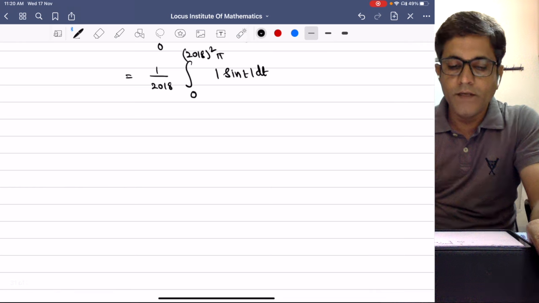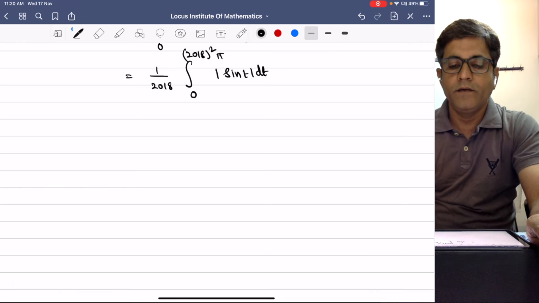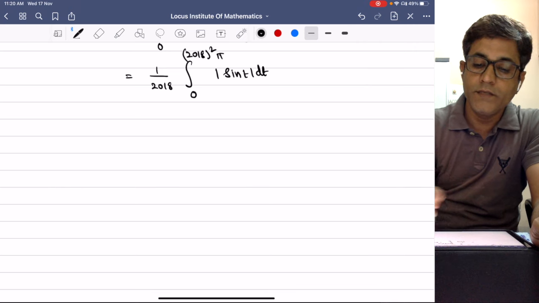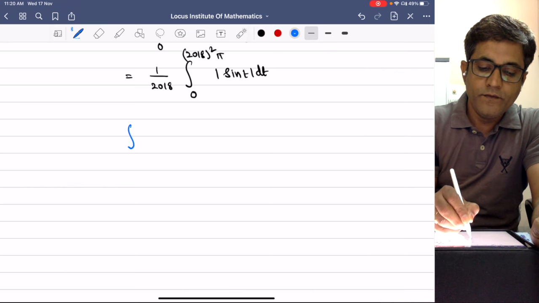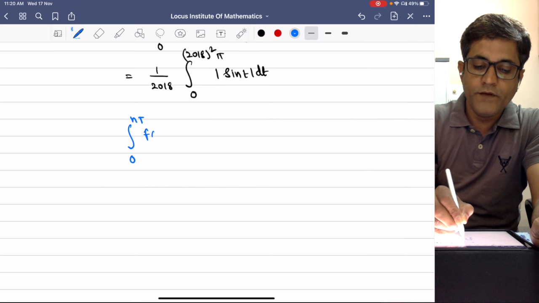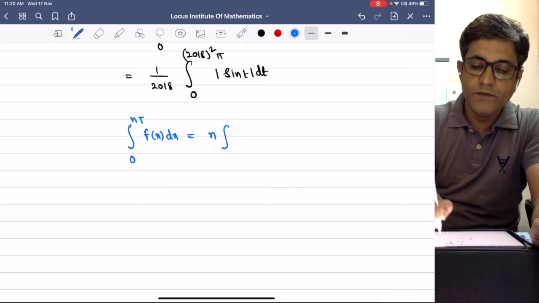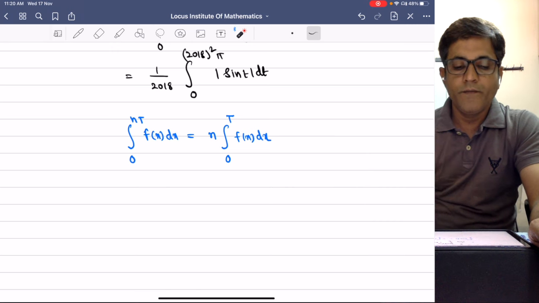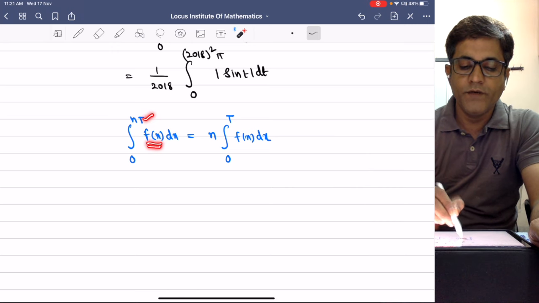To solve this integral, we have one result: the integral from 0 to nT of f(x) dx is equal to n times the integral from 0 to T of f(x) dx.